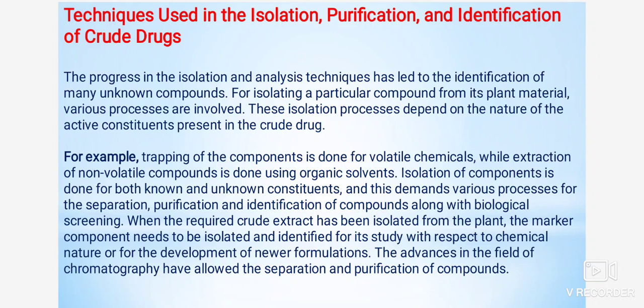When the required crude extract has been isolated from the plant, the marker component needs to be isolated and identified for its study with respect to chemical nature or for the development of newer formulations. The advances in the field of chromatography have allowed the separation and purification of compounds.